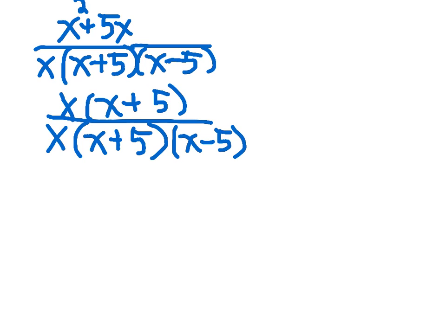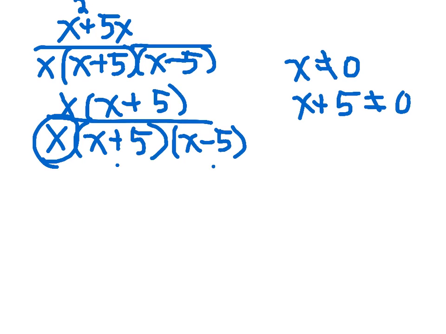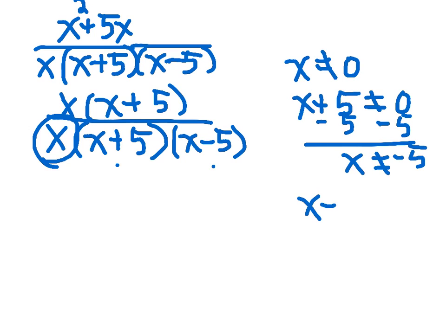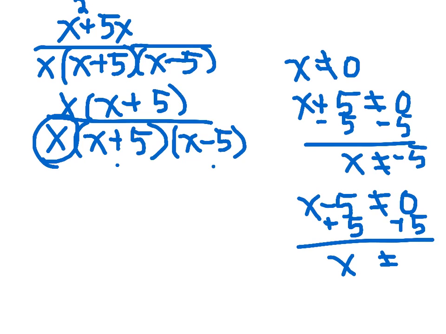Notice there are 3 factors, so there are 3 restrictions. X can't be 0, because if this number is 0, 0 times these other 2 would give me 0. X plus 5 can't be 0, making that restriction: x can't be negative 5. And x minus 5 can't be 0, making that restriction: x can't be 5.